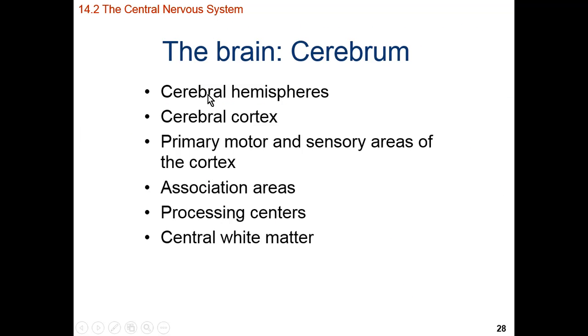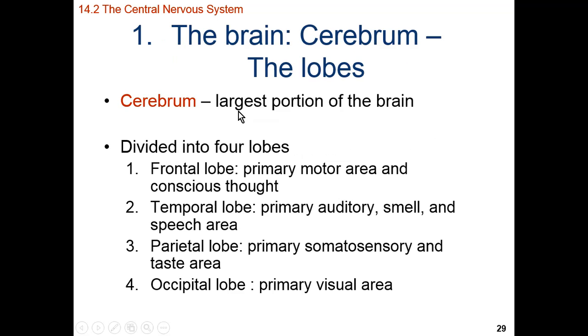If we look at the cerebrum, it has the left and right hemispheres. The cerebral cortex is the gray matter on the surface of the cerebrum. There's also some very specific portions of the cerebrum we need to focus on. The primary motor and primary sensory areas are going to be located within the cortex.